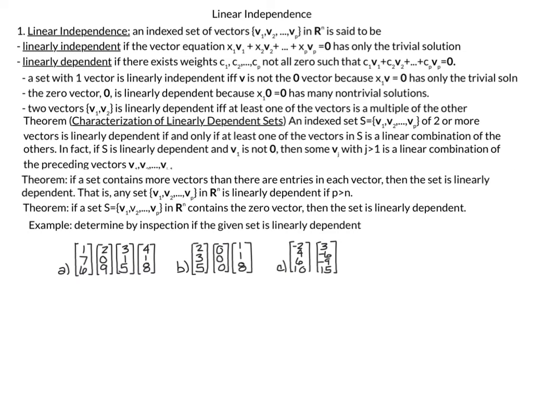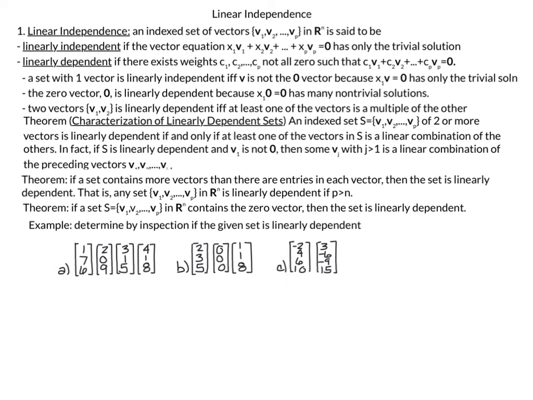This next example is to determine by inspection if the given set is linearly independent or dependent. So the first set is 176, 209, 315, 418. The second set of vectors is 235, 000, 118.